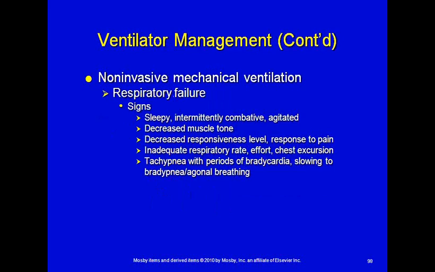Some signs of imminent respiratory failure include certainly altered mental status, decreased muscle tone, decreased response to pain, increased respiratory rate, effort, and chest exertion, tachypnea with periods of bradycardia, slowing to bradycardia and then agonal breathing, or slow breathing.